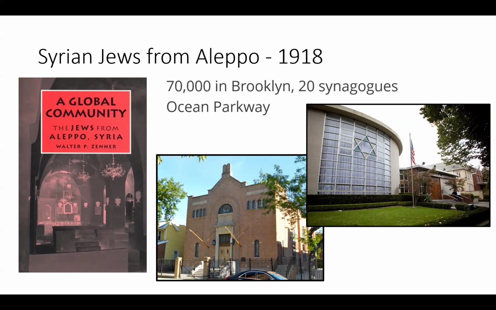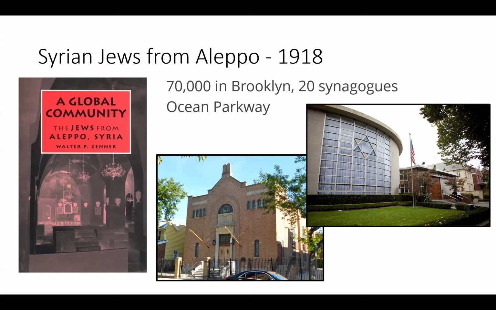A little-known group that migrated to Brooklyn were the Syrian Jews, from Syria, which was part of the Ottoman Empire. Following the decline and collapse of the Turkish Empire in World War I, many of the Jews decided to leave Syria and migrate to Brooklyn.